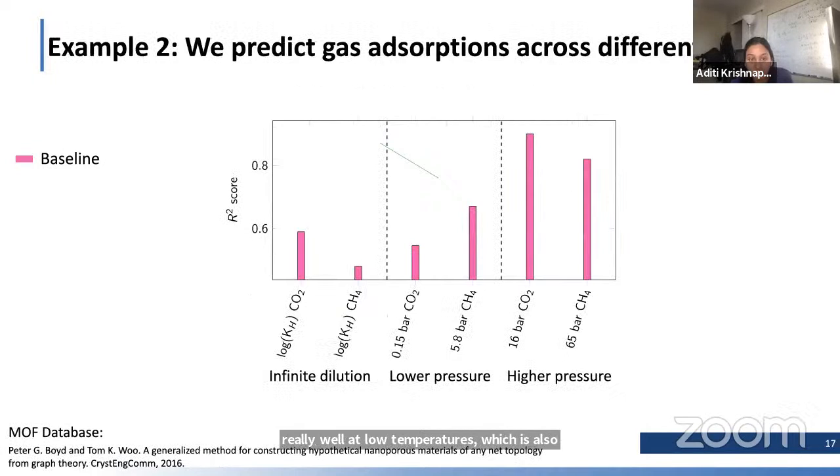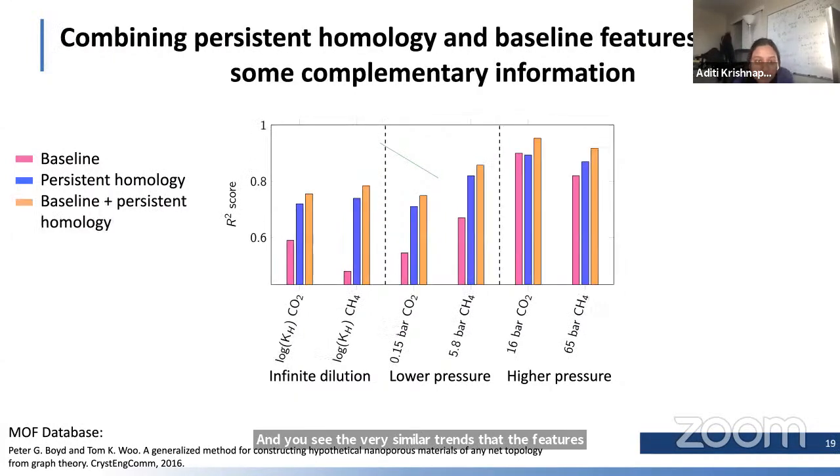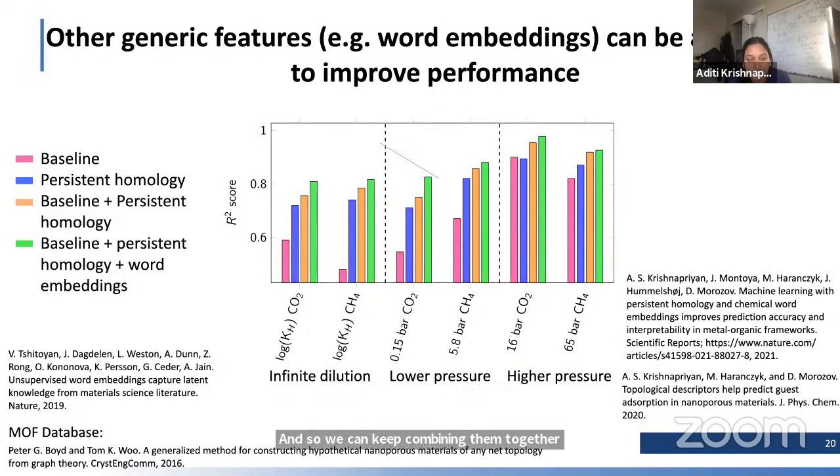And so we can show this with a few different databases. In this case, this is predicting carbon capture at different regimes or methane absorption at different regimes. And you see the very similar trends that the features that we use from persistent homology do much better across the board. And so we can keep combining them together with other features.